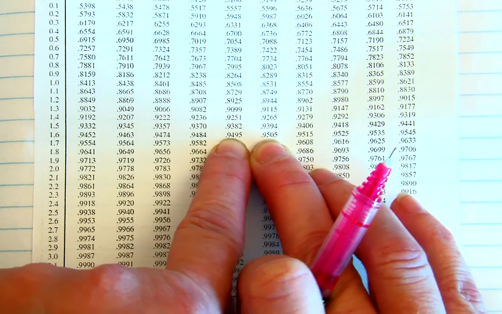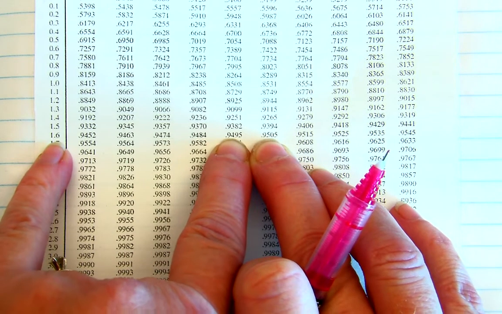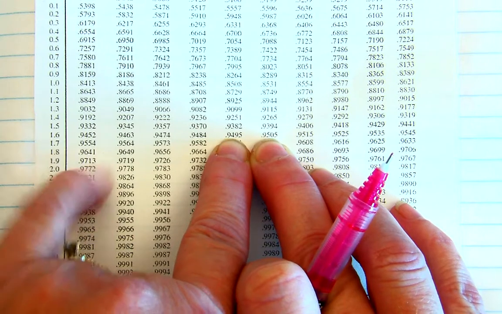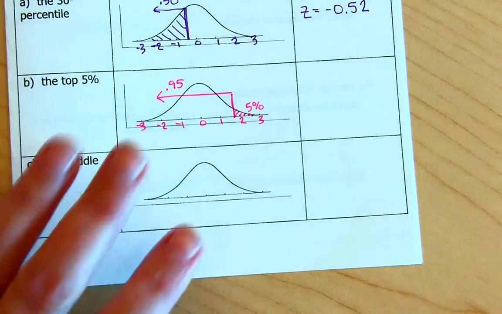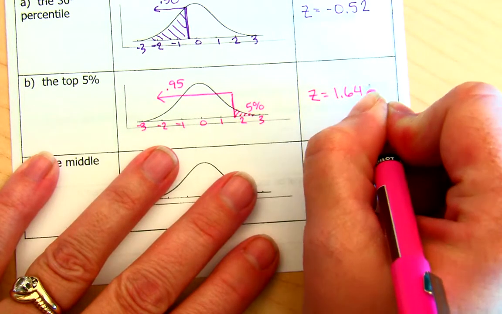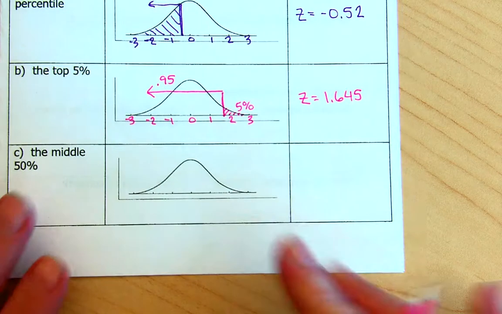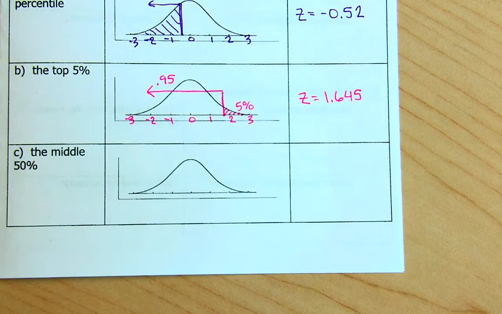You could use either one, would be okay. Normally, we go ahead and split the difference, like Easton said, and we do 1.645. So it's halfway in between. But if you use 1.64 or if you use 1.65, that's going to be counted as correct.